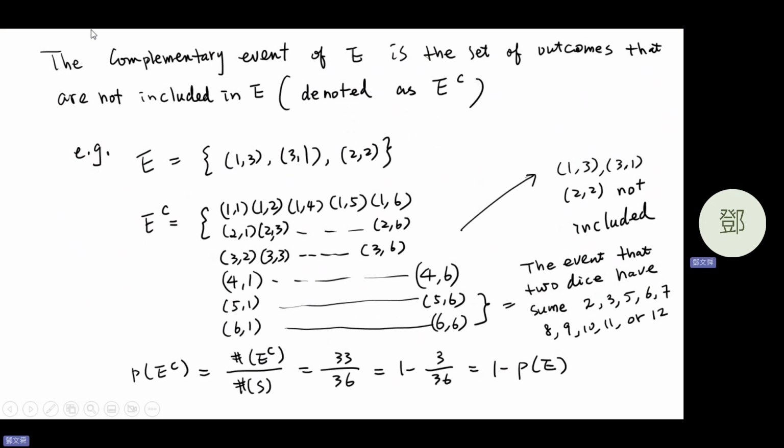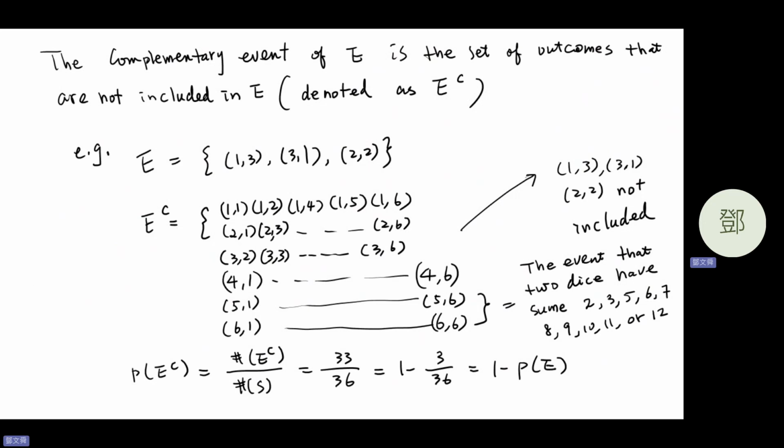The complementary event of E is the set of outcomes that are not included in E, and it is denoted as E complement. Please read this.